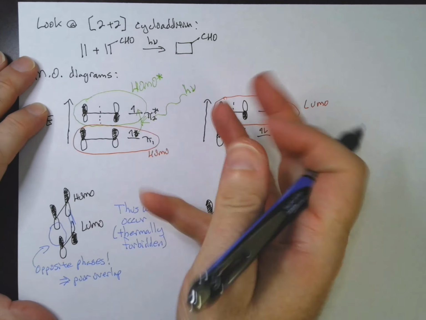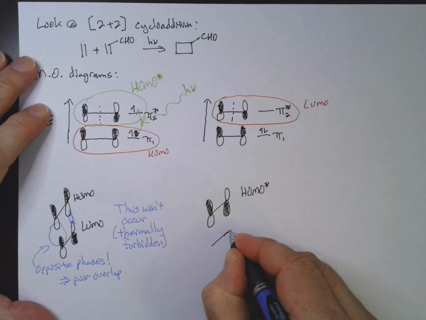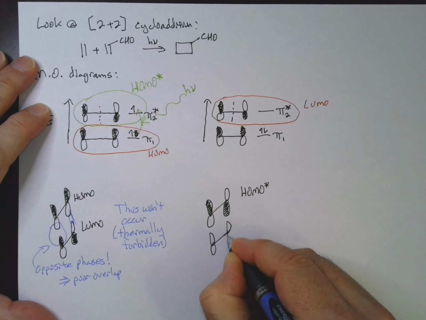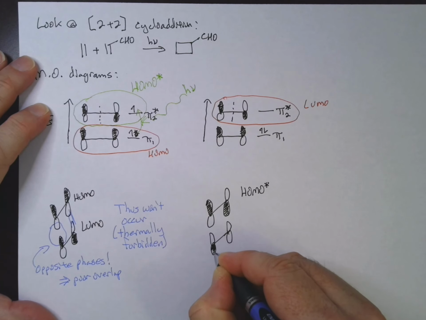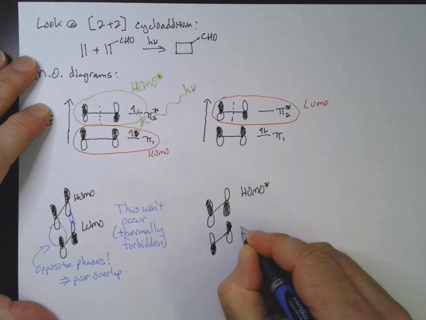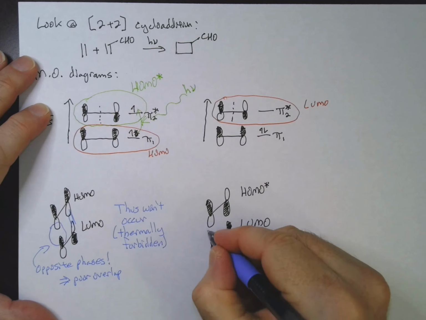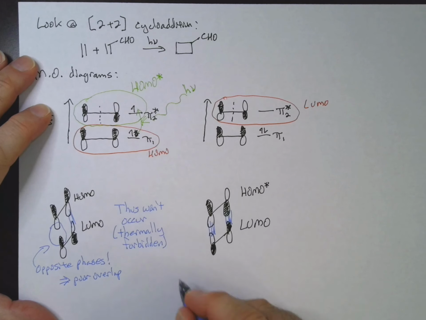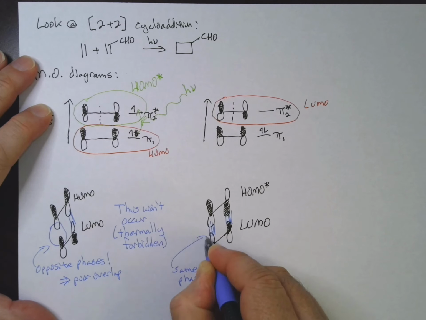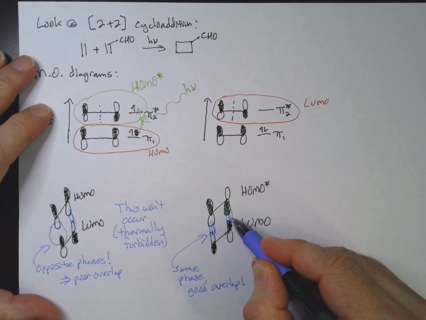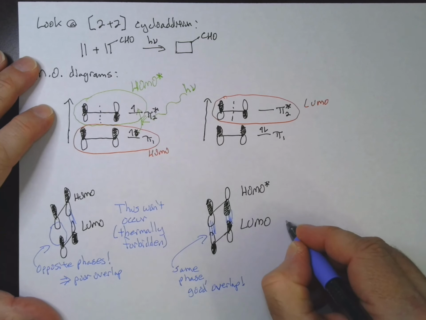I've got to line up my LUMO, so I'm going to flip it over so it does line up. And once again, I have the same phase, so I have good orbital overlap at both ends here, and I get the reaction.